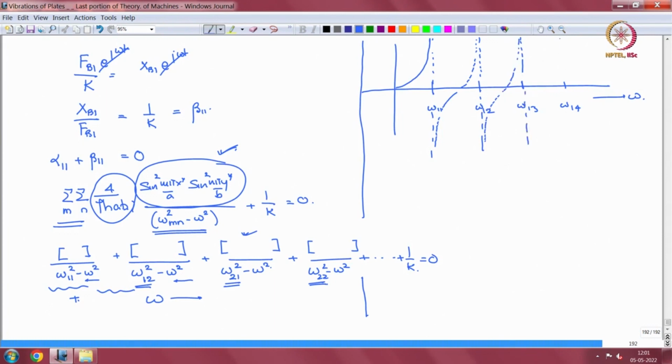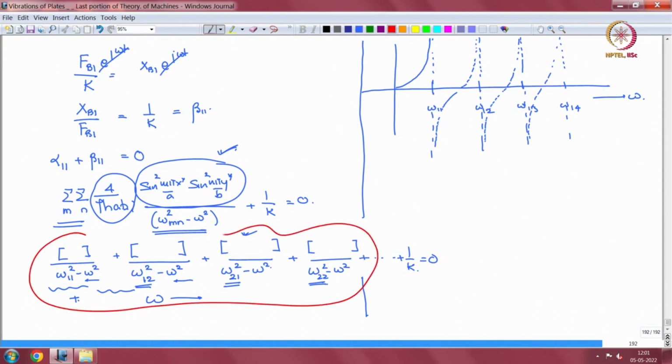So, the summation term looks like this, and it must be equal to minus 1 by k, where k is a constant. If we plot that, it is minus 1 by k like this.